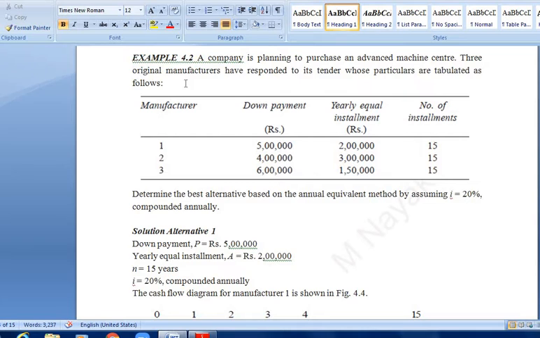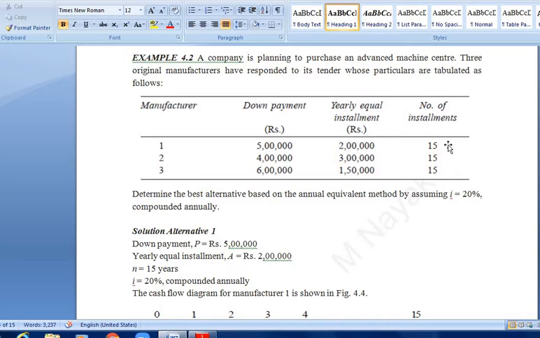I will solve the second problem here. A company is planning to purchase an advanced machine center. Three original manufacturers have responded to its tender whose particulars are tabulated as follows. So there are 3 manufacturers: 1, 2, 3. Down payments for each manufacturer are given here: 5 lakh, 4 lakh and 6 lakh, and yearly installments for each manufacturer: first one 2 lakh, second one 3 lakh, third one 1.5 lakh or 1 lakh 50,000.